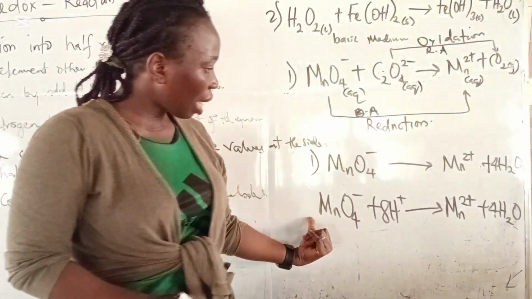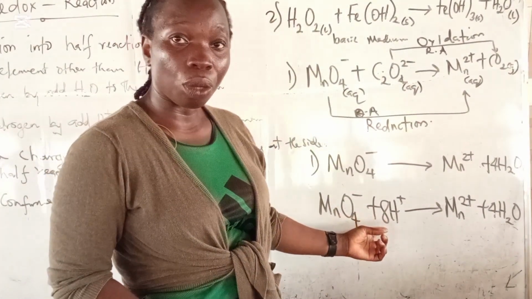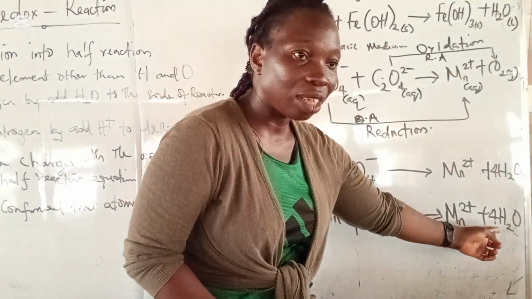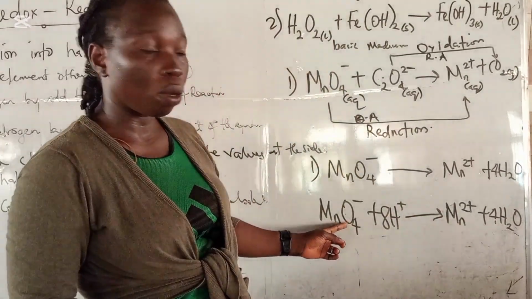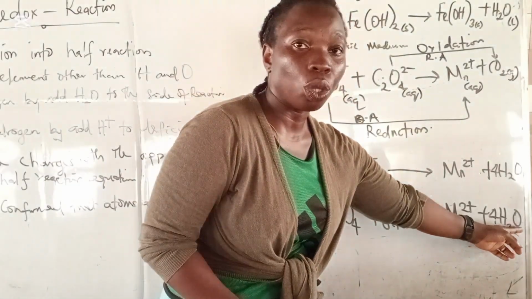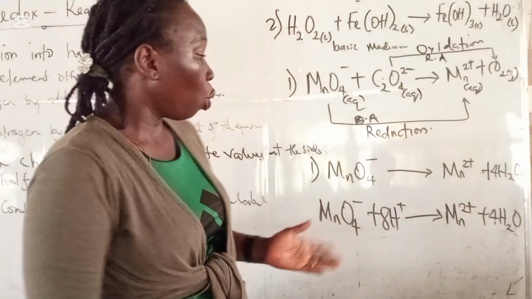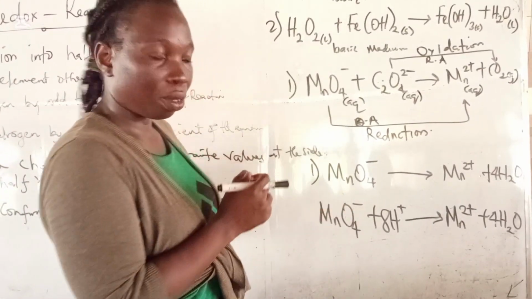We have 1 manganese here, 1 manganese here. 8 atoms of hydrogen ion, we have 8 atoms of hydrogen. Oxygen is 4. Here, oxygen is also what? 4, because 4 times 1 will give us 4. So we have balanced the half cell.